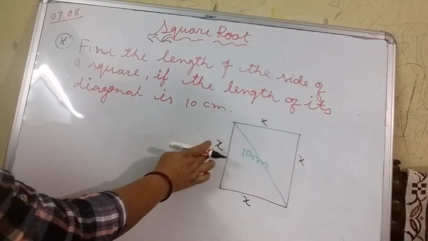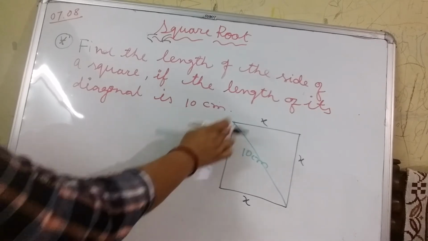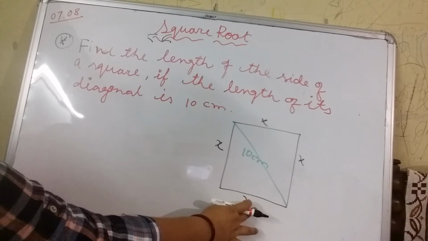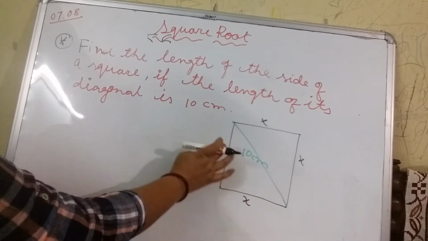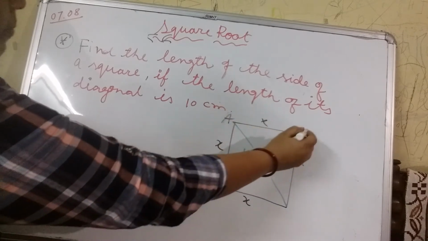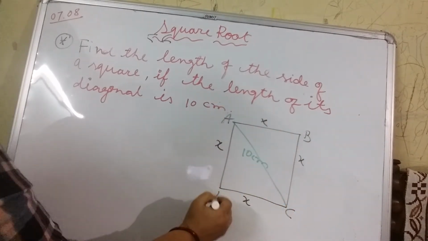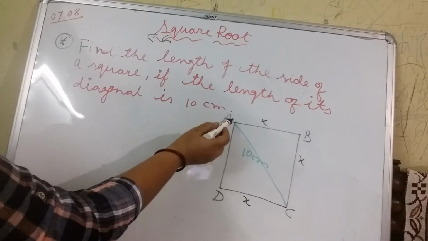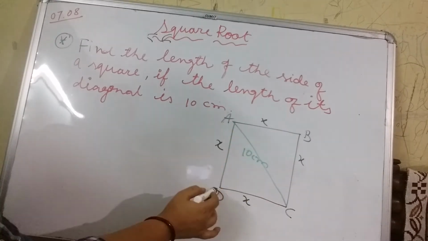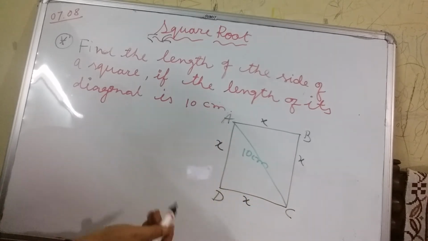If the side of the square is x, all these sides will be x, because in a square all 4 sides are of equal length. If you say this ABCD is a square whose one diagonal, this AC, is 10 centimeter, you have to find this AD or DC or any one, since all 4 sides are equal in length.